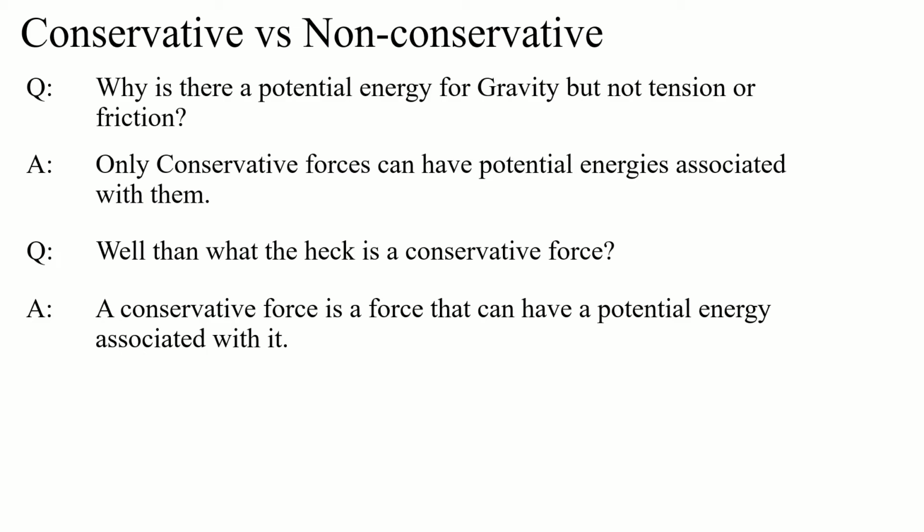Clearly, this is circular, right? That's not the formal way you can tell, but really that's what it boils down to. They're called conservative forces because they have potential energies associated with them, and thus you can think of that system as having a total energy, potential plus kinetic, and that's conserved, hence conservative forces.